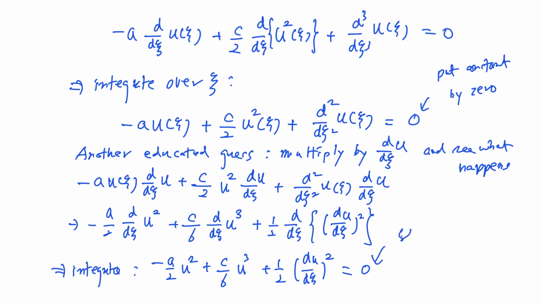We set the constant 0 again. Otherwise, it's just some simple a or b.